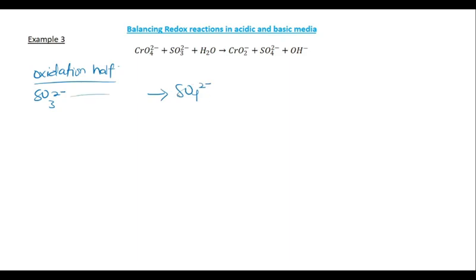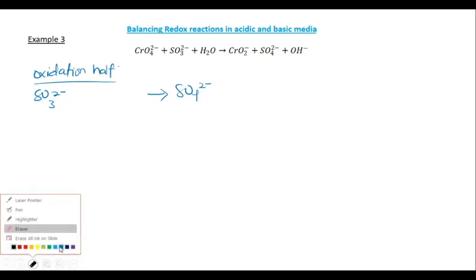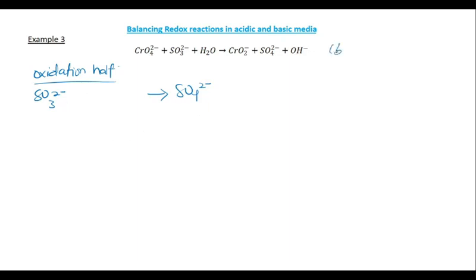Now we need to balance the oxidation half, and then we go ahead to balance the reduction half. So we have this, we have an OH over here, so this is telling us this is in the basic medium.